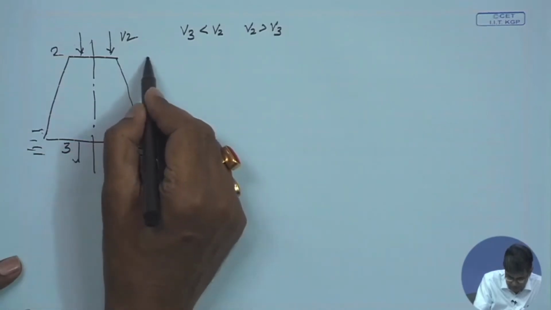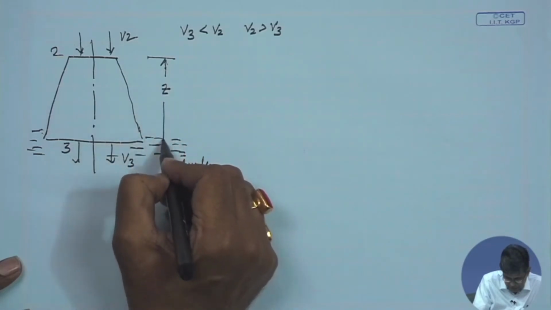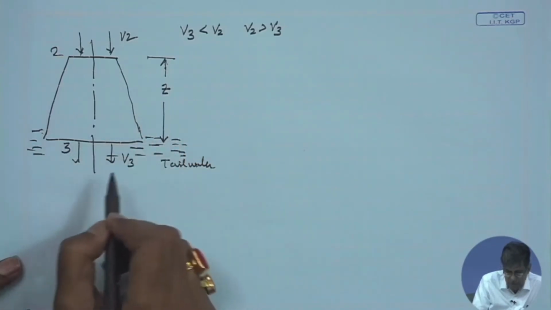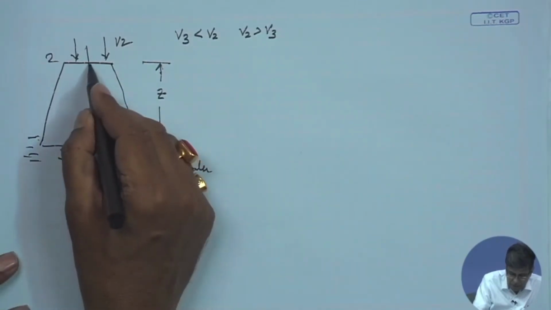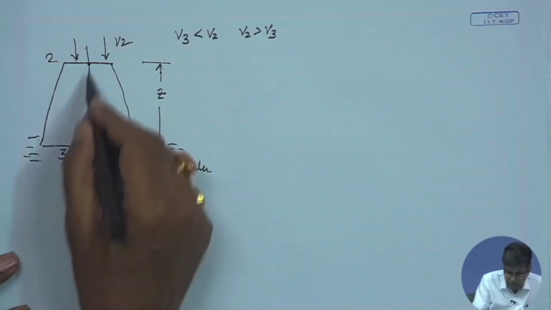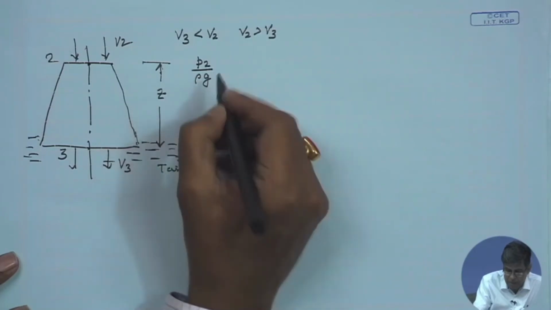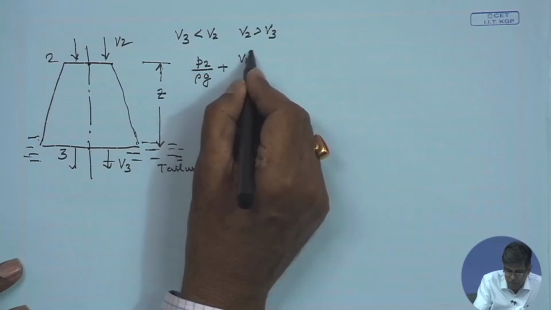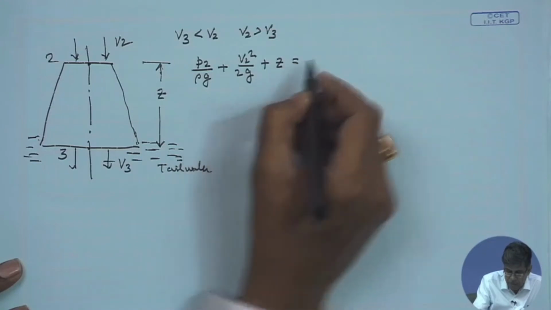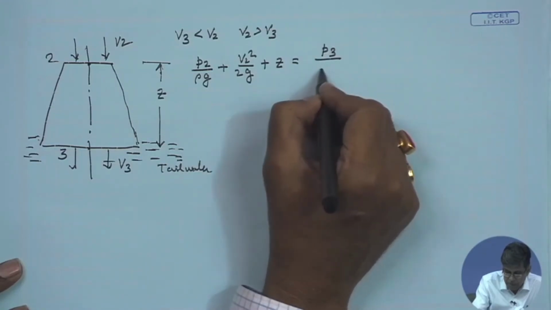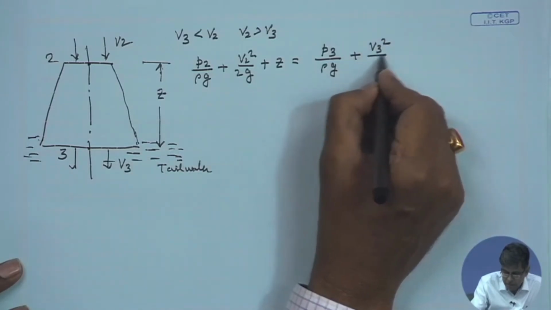And let us consider Z as the elevation, or the vertical height, from the discharge plane. Now, if you write Bernoulli's equation between this point in a fluid element and this point along a streamline, we can write, in terms of energy per unit weight or head, P2 by rho g plus V2 square by 2g plus Z is equal to P3 by rho g plus V3 square by 2g.